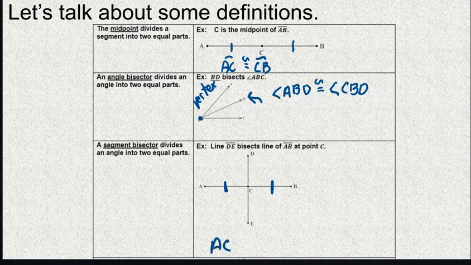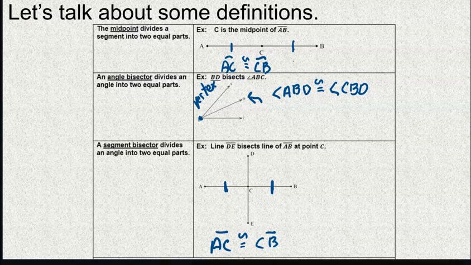I would say AC is congruent to CB. Be careful here. If this was a sandwich, which I do like sandwiches, DE is the knife cutting the sandwich AB in half. DE, being the knife, is not being cut in half by the sandwich AB. It is not reversible, which is a common mistake students make.